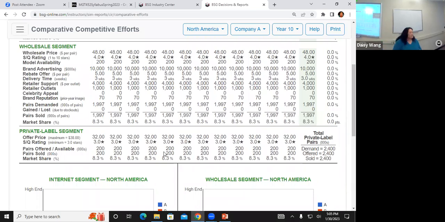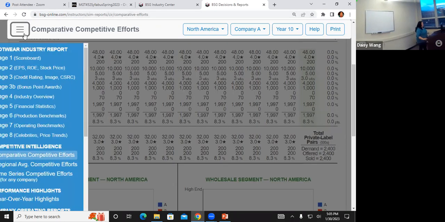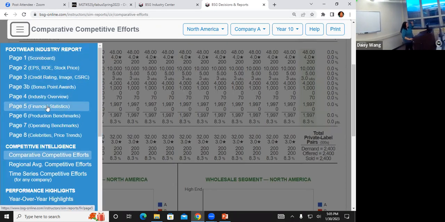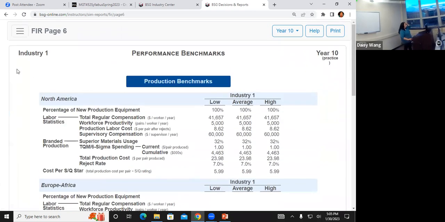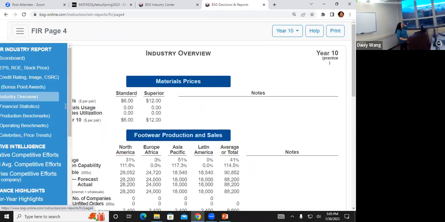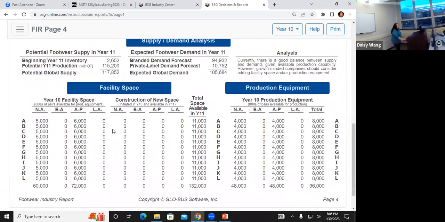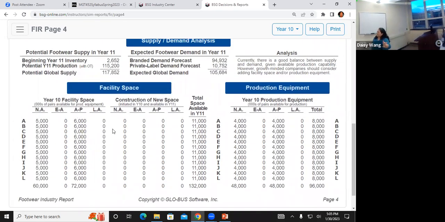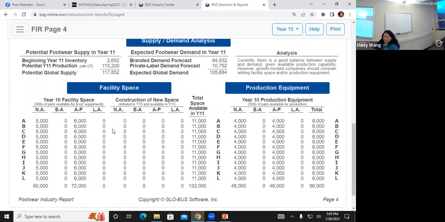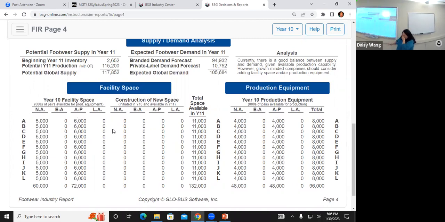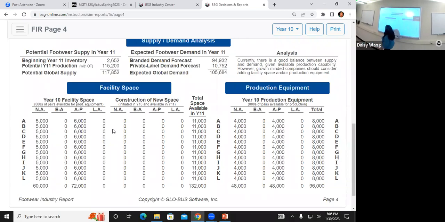So one thing is for the production, no, not this one. For here. So you see, she mentioned that you only have production sites in North America and Asia Pacific. So there are 2 stages when you try to build a factory.